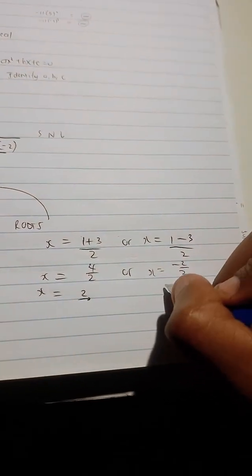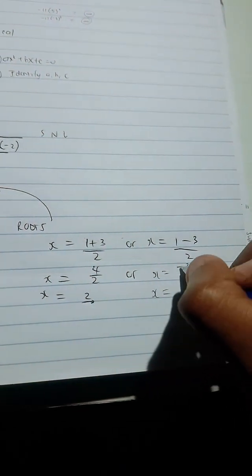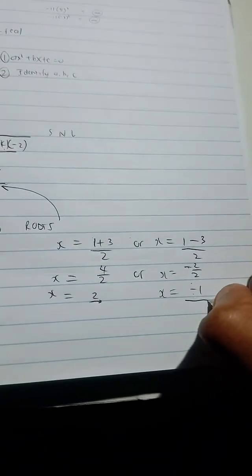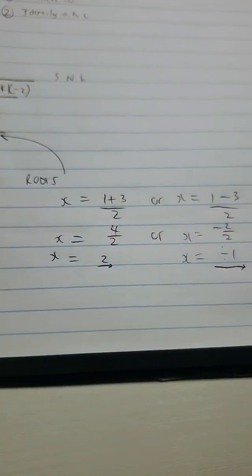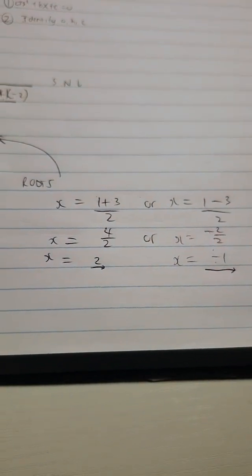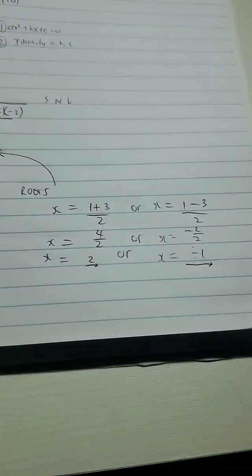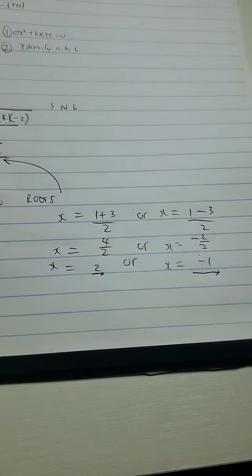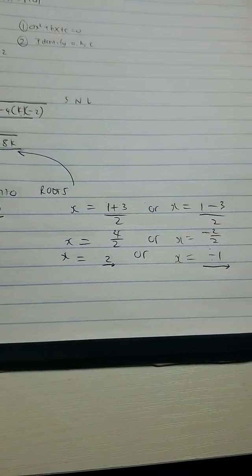Negative 2 over 2. So x is equal to negative 1. They are our numerical values. They are rational. x is equal to 2, x is equal to negative 1. These are our numerical values that they were looking for when k is equal to 1.